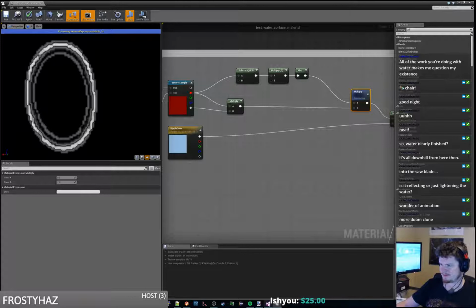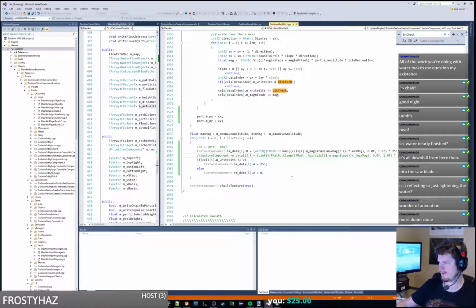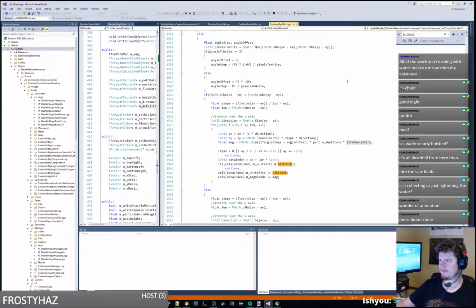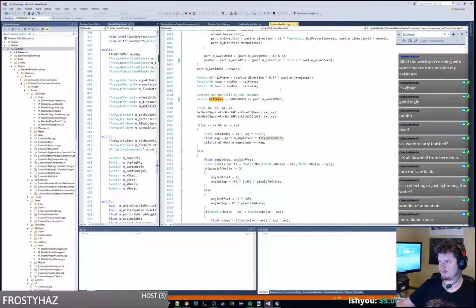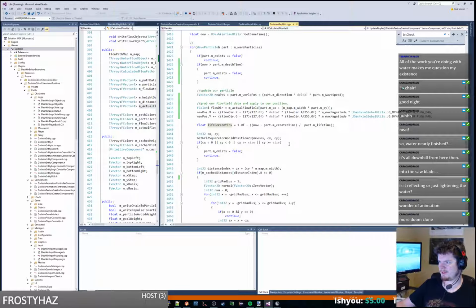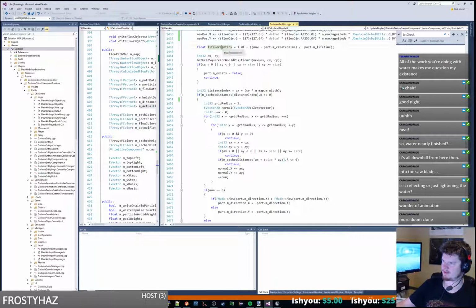Yeah, it's not really doing what I want at all, which is surprising. Like, the magnitude should go to 0. The life invert percent is supposed to be from 1 to 0, and we know that works because we've been using it before and it worked.